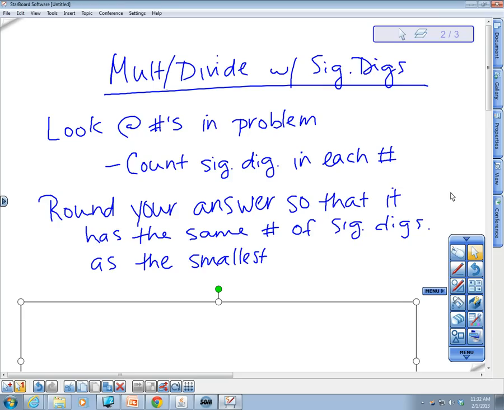Most of the time, that means we're going to need to round our answer, so that it has the same number of significant digits as the smallest count.